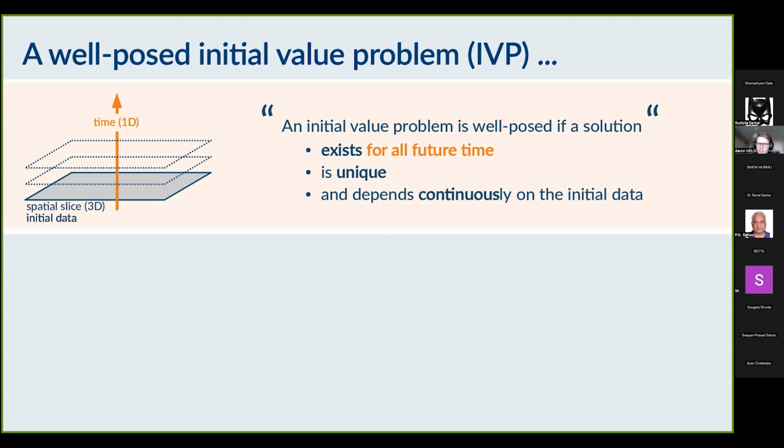There's a slight subtlety here because it can happen, and in fact in GR, for instance, it does happen, that a certain formulation is not well posed, but you find a different formulation for which it is well posed.